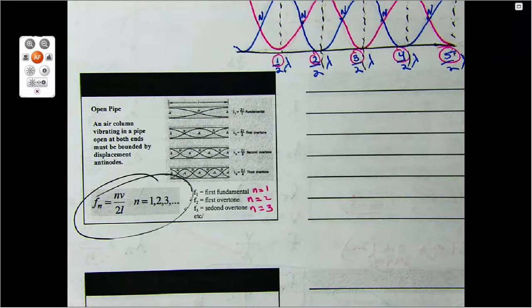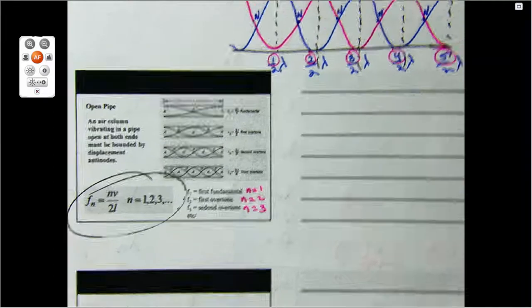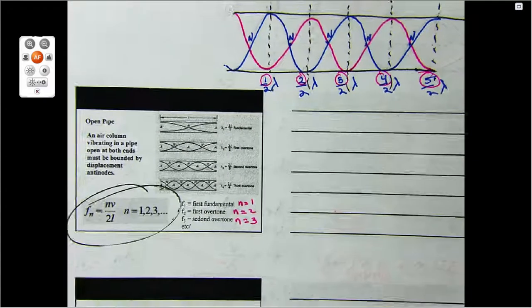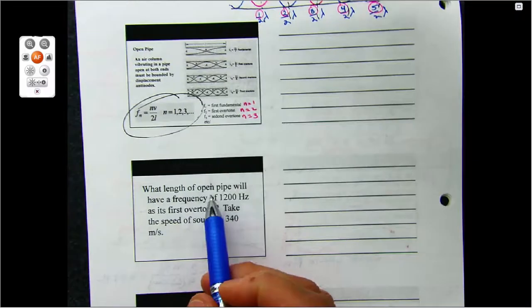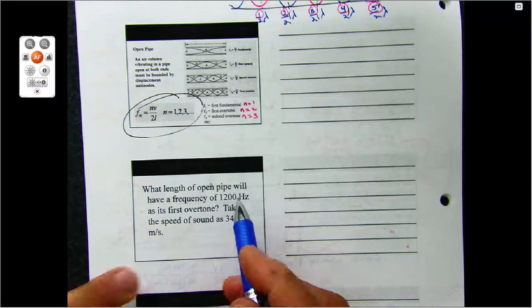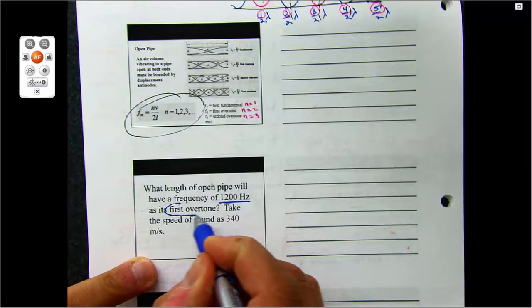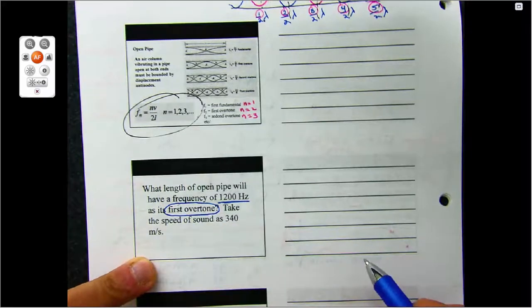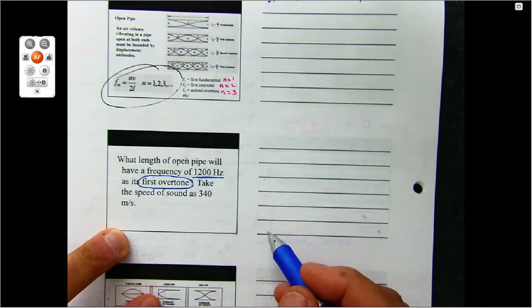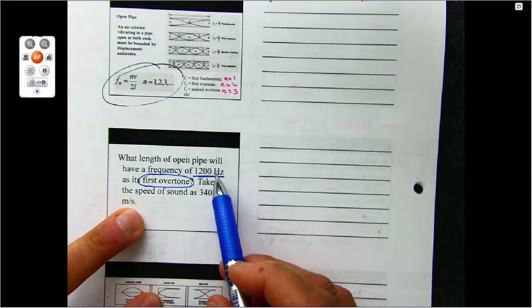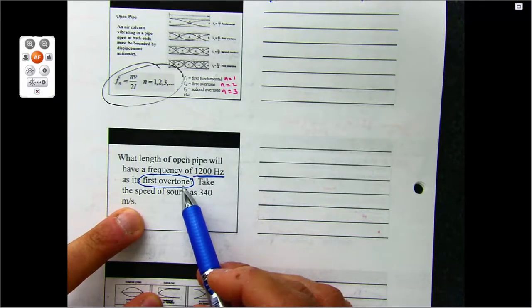So, what length of open pipe will have a frequency of 1200 hertz at the first overtone? So you have 1200 hertz. How much of a wave do you want in that pipe?